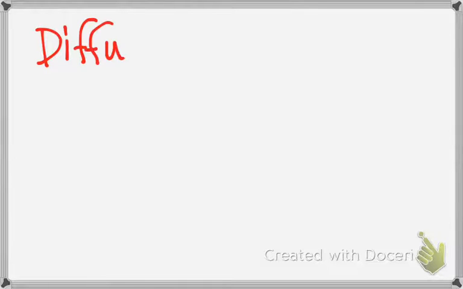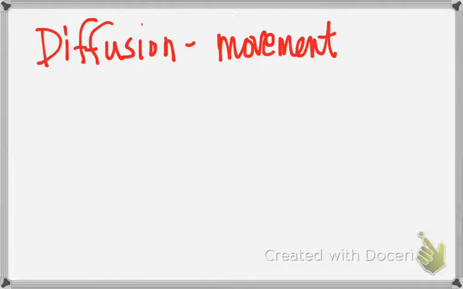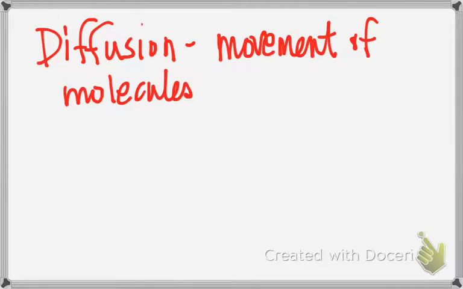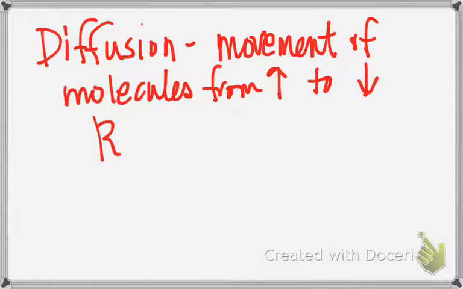How can we define diffusion? The movement of what? Molecules, any molecule, from a high concentration to a low concentration. Why do they want to move around? So they want to reach equilibrium.